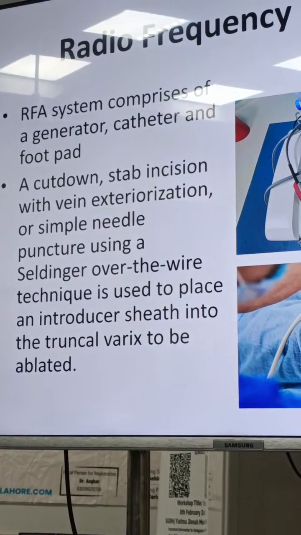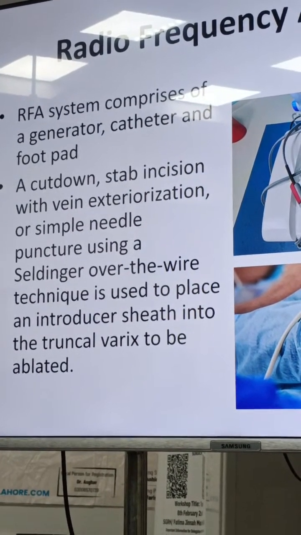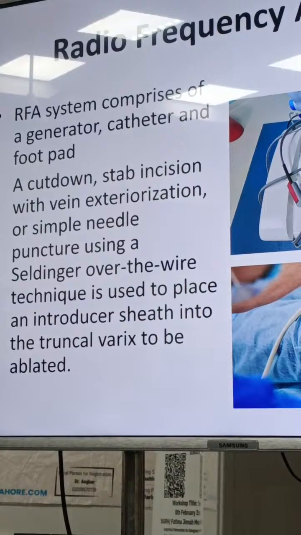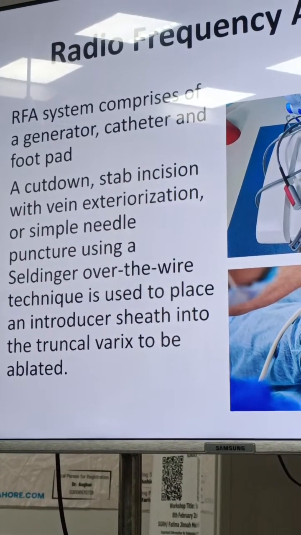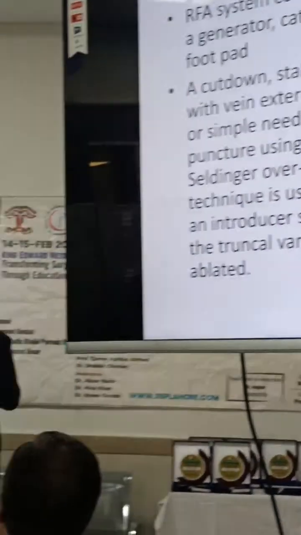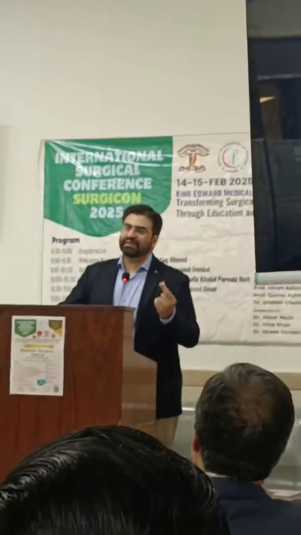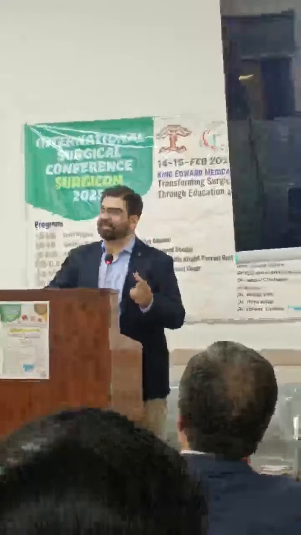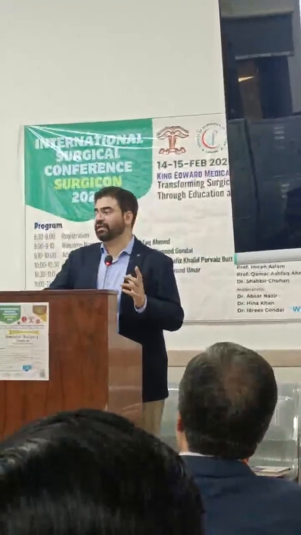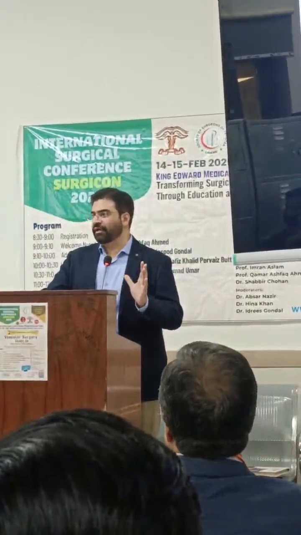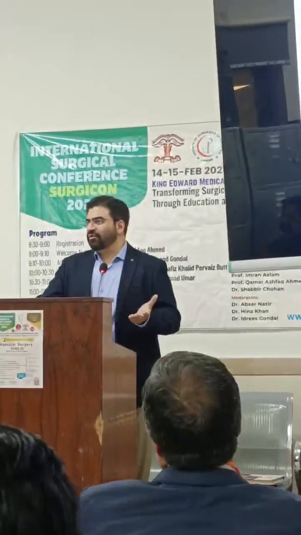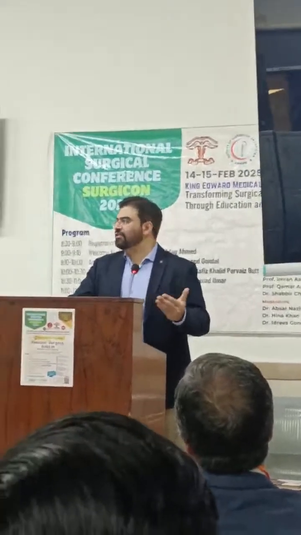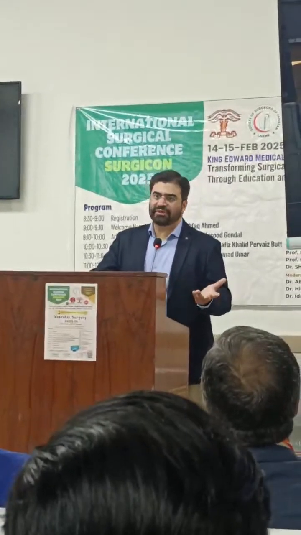In the great saphenous vein, not beyond the junction or at the junction, because in radiofrequency ablation, the catheter tip is the filament which is emitting heat, and heat is emitted at 120 degrees centigrade within no time. And at 120 degrees centigrade, I don't think any tissue of the body can be alive.